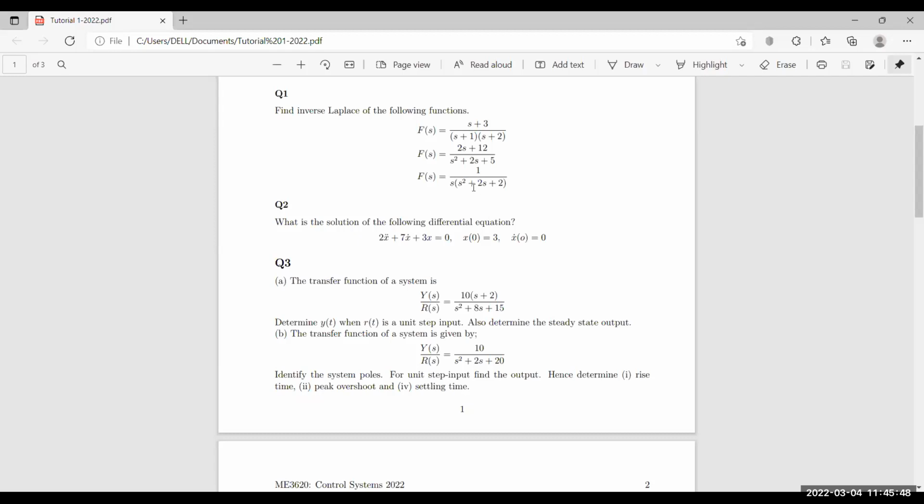So you can see here, there's one in the numerator, but here there's an additional s in the denominator, right? If you multiply this, this is third order. So you write this down: 1 over s squared plus 2s plus 2.